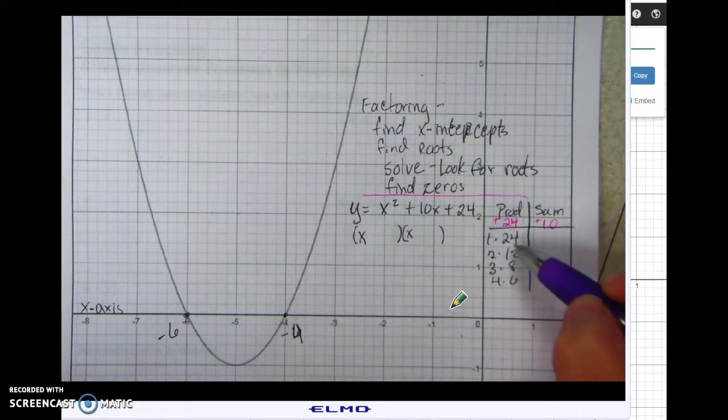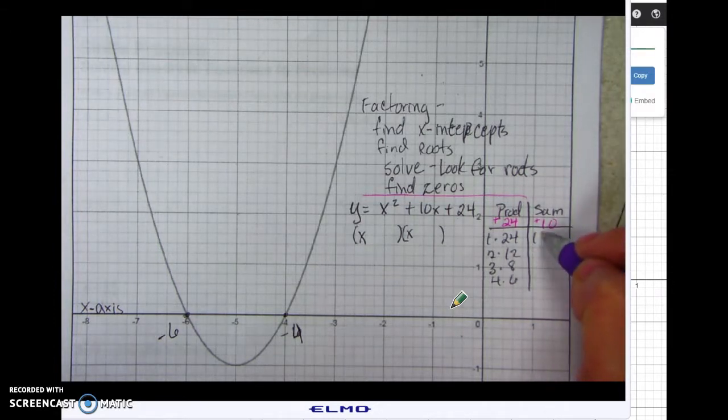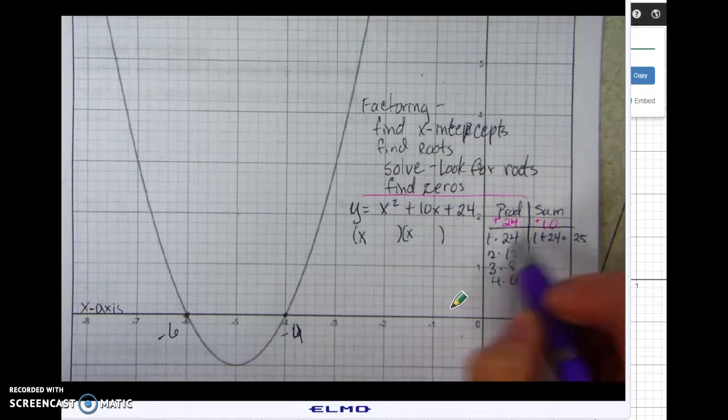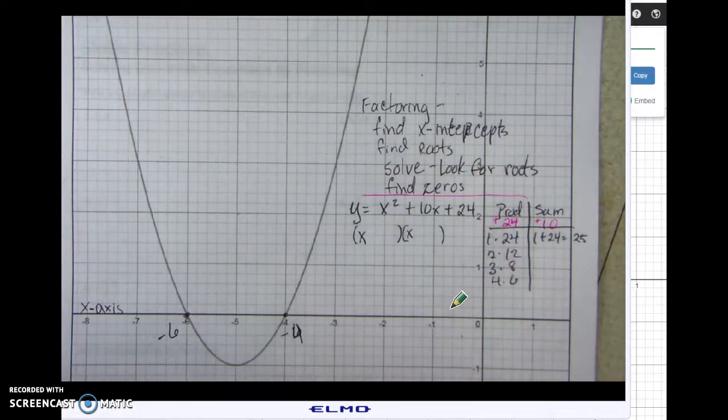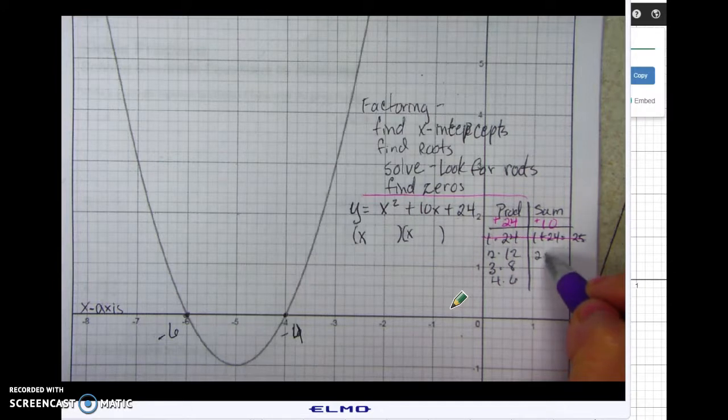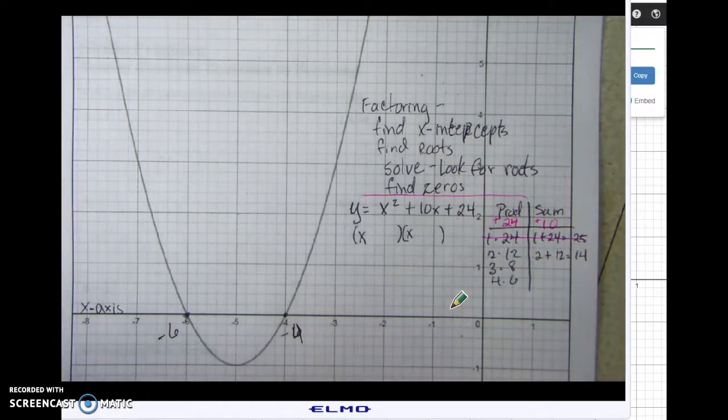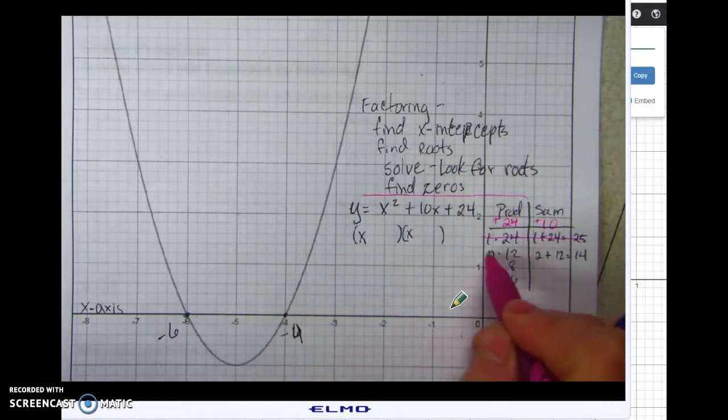Now we look at the sum of those two numbers. 1 plus 24 is 25. That did not work. It didn't give us 10, and that's what we're looking for, the magic number of 10. 2 plus 12 equals 14. Now if these were negatives, then I'd be subtracting one number from the other. That didn't work.